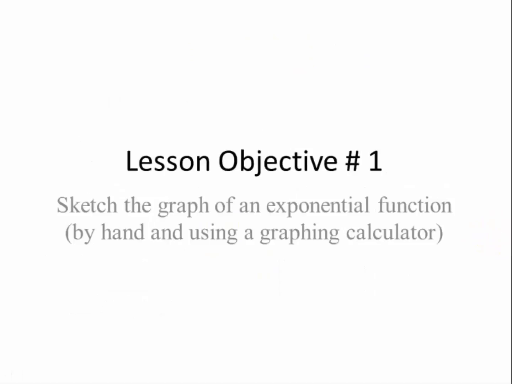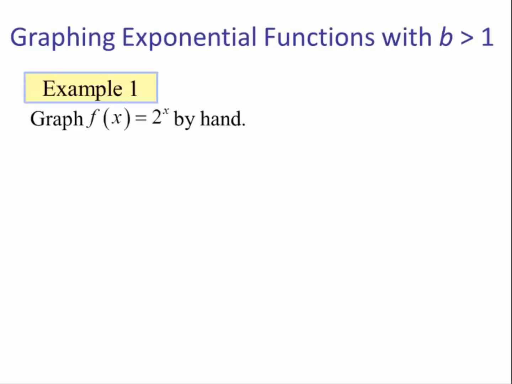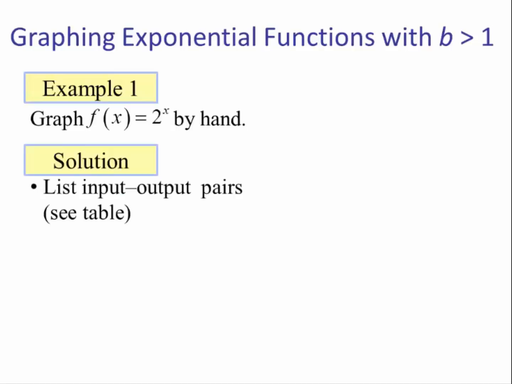Lesson objective. Example 1. Graphing exponential functions with b greater than 1. Graph f of x equals 2 to the x by hand. Solution: we first want to pick some inputs, put those values into the equation, and find the outputs.